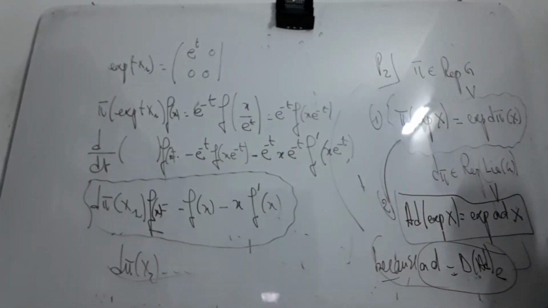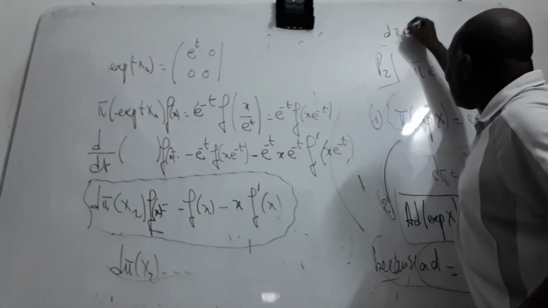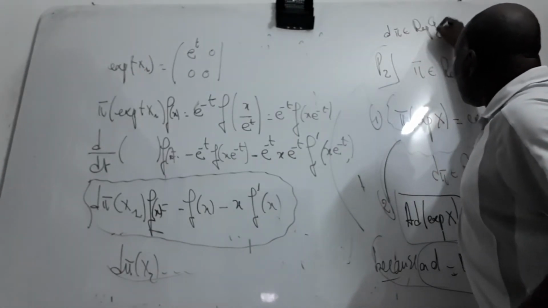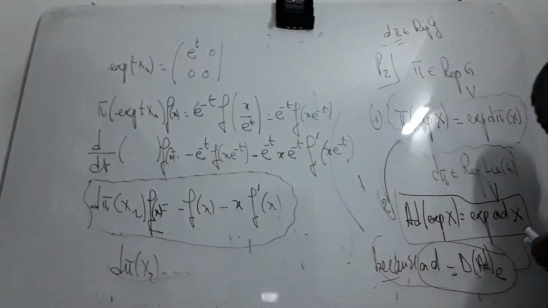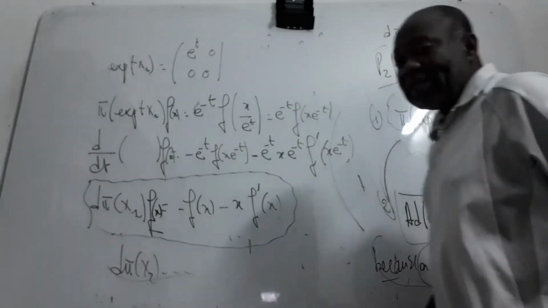You can use this kind of notation to prove that d pi is a representation of the Lie algebra. You have to prove it. Okay, thanks.